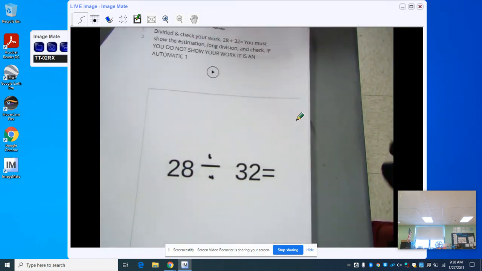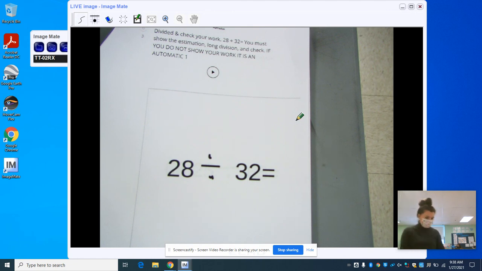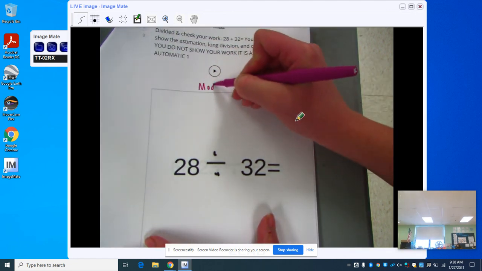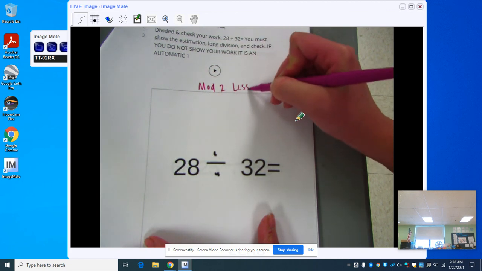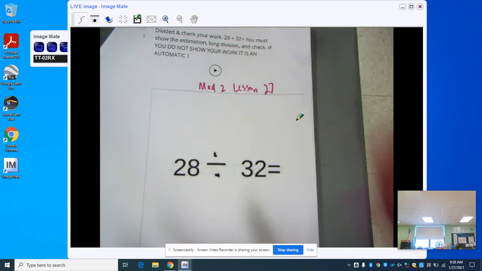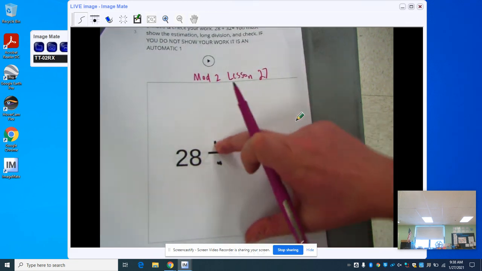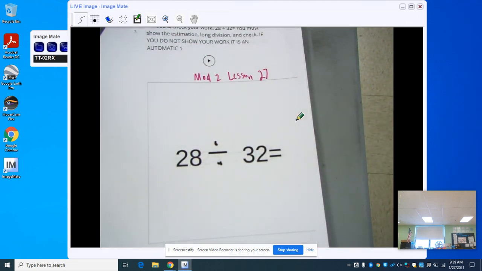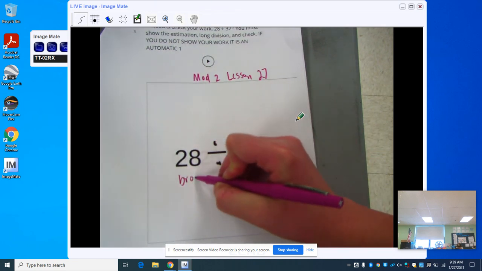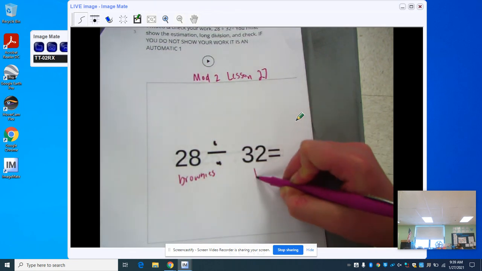Question number 6. We're going to continue on with division. This one, you can find your notes for Module 2, Lesson 27. We are taking 28 divided by 32. So you have 28 brownies split between 32 people.